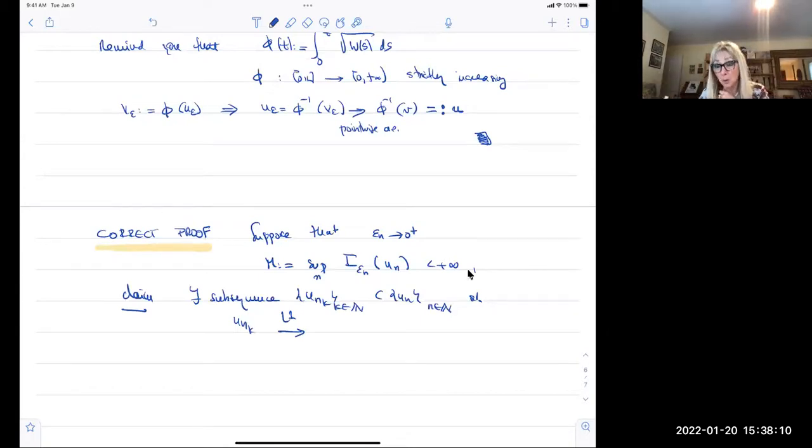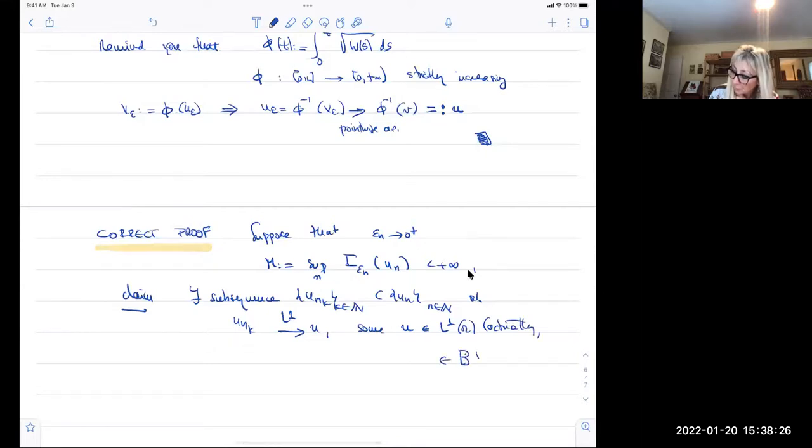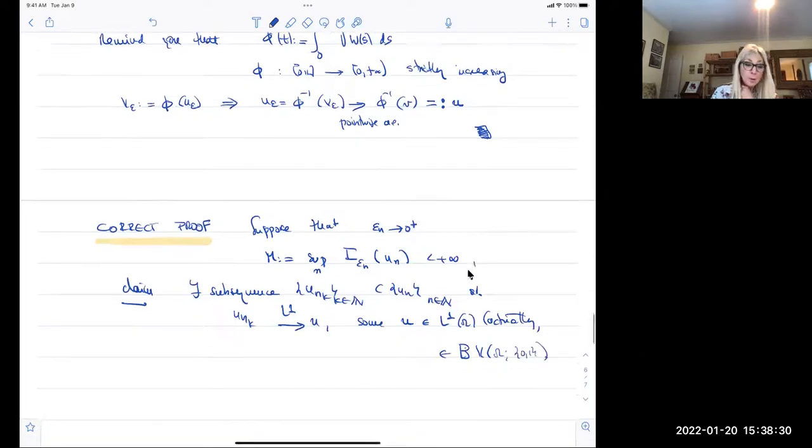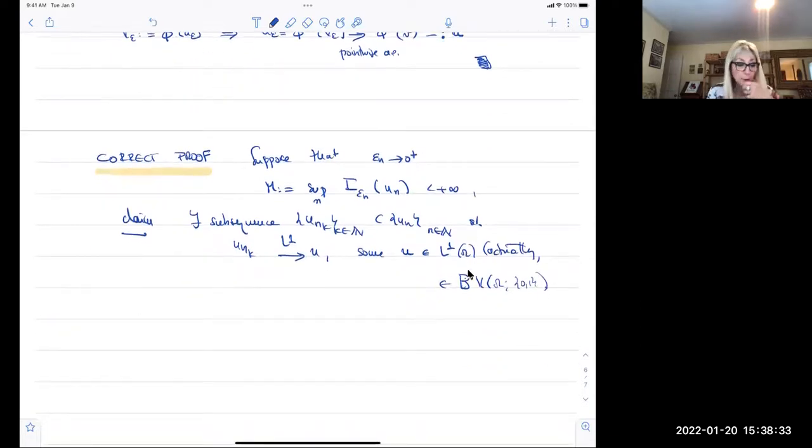Because then I can take the pointwise convergence to U for some U. It's going to be in BV, but L1 would be enough. Okay, so that's what I want to prove.